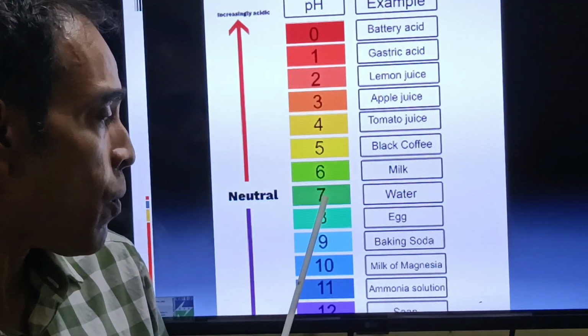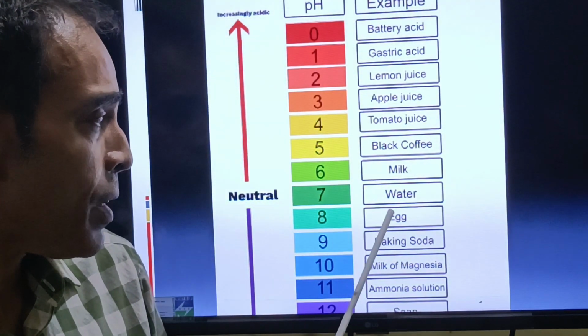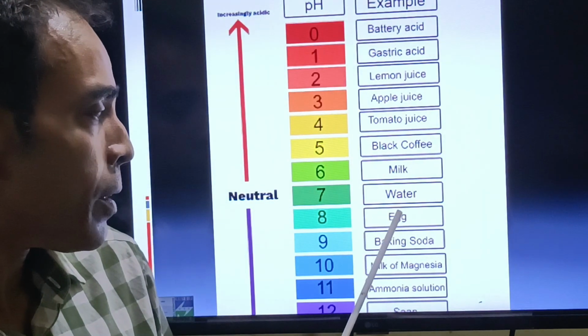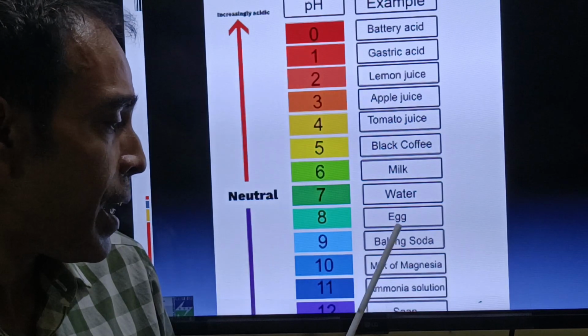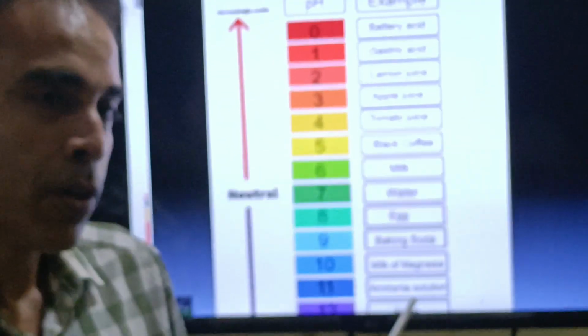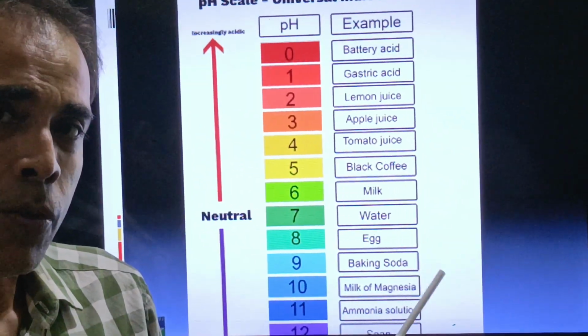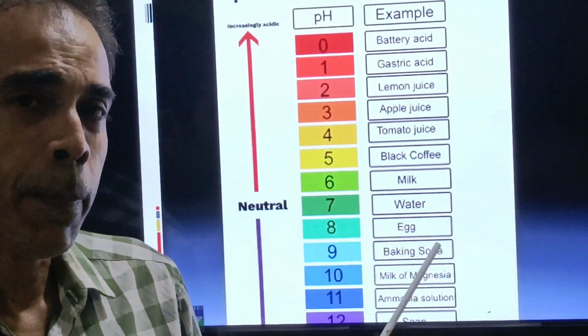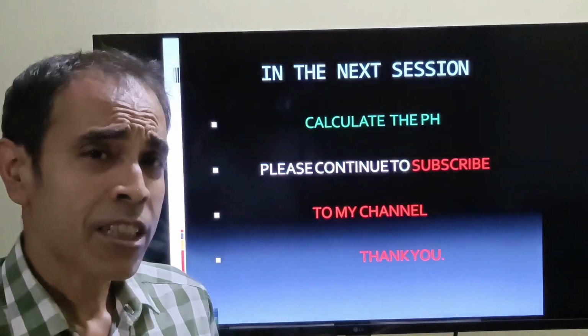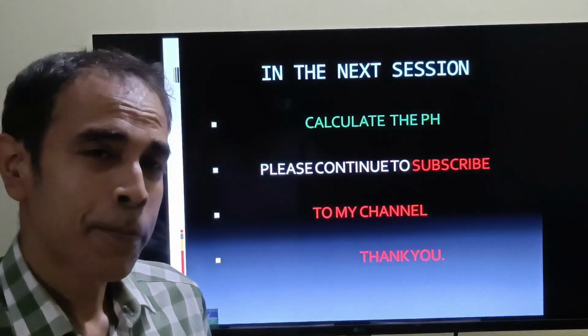But going from 7 up to 14, we find that egg has a pH of 8, which is alkaline. Baking soda has a pH of 9, and soap has a pH of 12. So this is how a universal indicator and the pH scale help us know the pH of a substance. In the next session, we'll see how we calculate the pH.